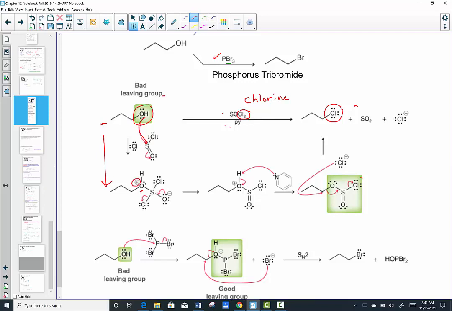To quickly eliminate that unstable configuration, the pyridine, which is the solvent right here, is going to deprotonate that oxygen. That's the only role of the pyridine at this point, to just deprotonate that reagent, forcing this bond to collapse and create two electrons there to alleviate the formal charge.